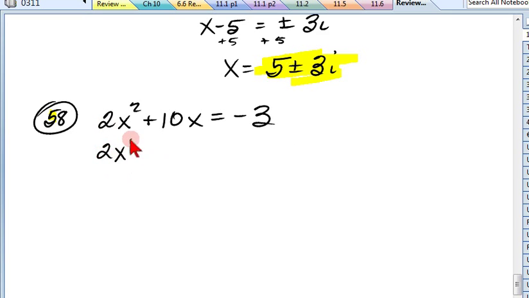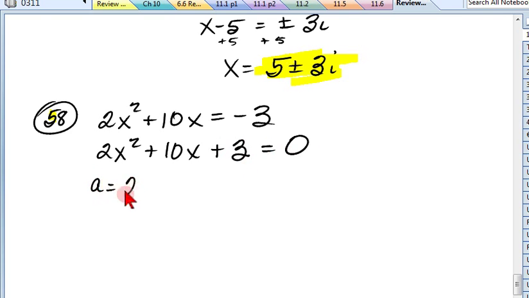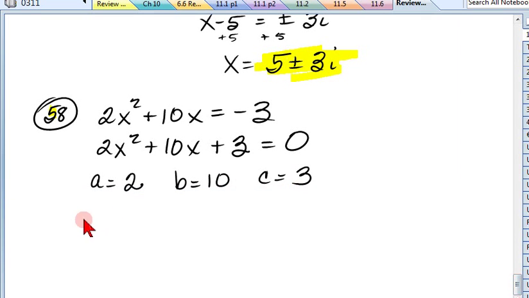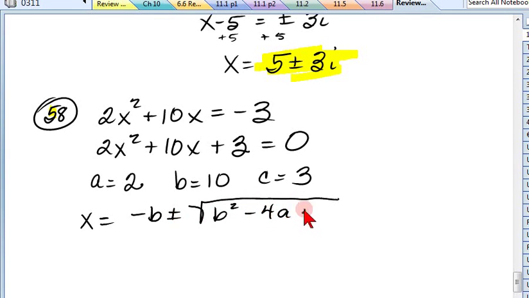So that's going to be 2x squared plus 10x plus 3 is equal to 0. Whether you do this mentally or you write it down, you need to recognize that a is 2, b is 10, and c is 3. x is equal to the quadratic formula, -b plus or minus the square root of b squared minus 4ac all over 2a.